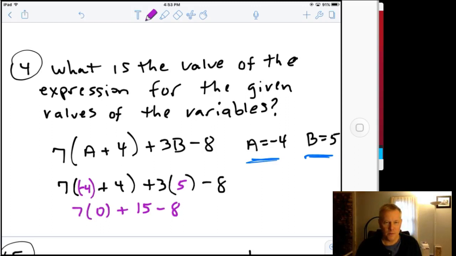You really should do multiplication and division left to right, so I probably should have waited on multiplying the 3 times the 5. In this case, it's not going to change anything. 7 times 0 is 0. So 0 plus 15 minus 8. We do addition and subtraction left to right. 0 plus 15 is 15. 15 minus 8 is 7. And that's the answer.